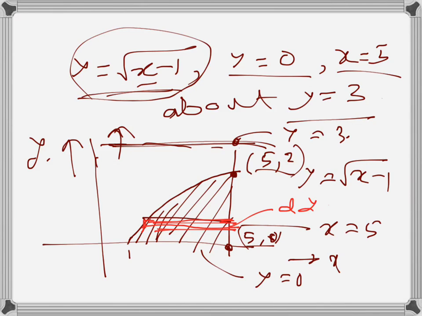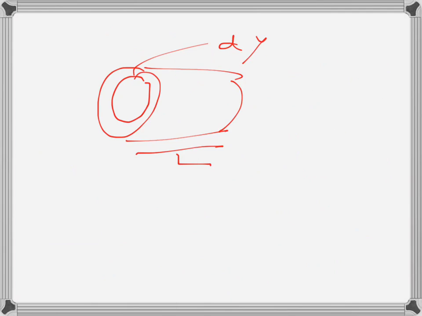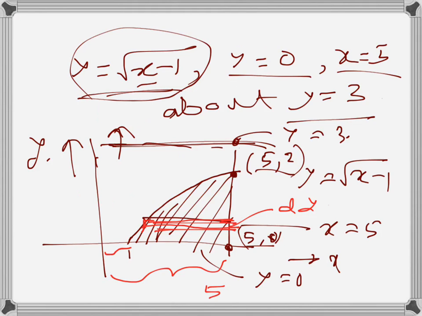So this is our dy, but we are talking about the height. This is 5 here, and this one is 1 here. So the height h will be 5 minus x, because any point here, let's say here, it will be 5 minus x, because this is x and this whole thing is 5, so this much is 5 minus x.